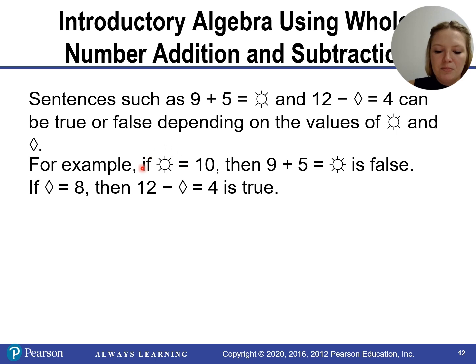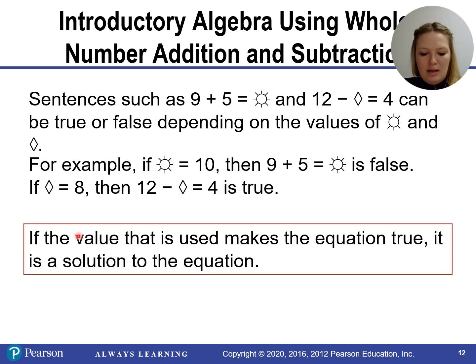For example, if sun was equal to 10, then 9 plus 5 equals sun would be false. But if rhombus was equal to 8, then 12 minus rhombus equals 4 would be true. If the value that's used makes the equation true, then we call it a solution to the equation. So 8 is a solution to the equation 12 minus rhombus equals 4. The solution to the equation 9 plus 5 equals sun would be 14.